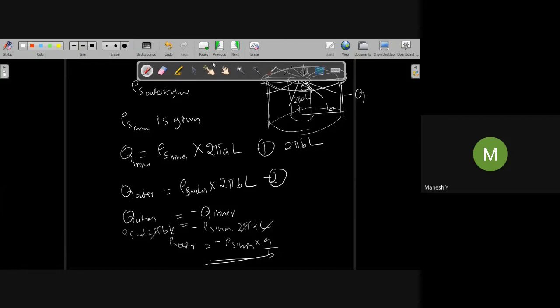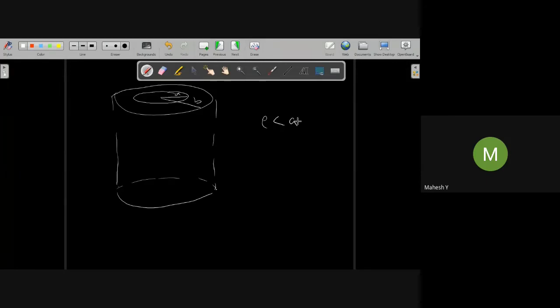Now one more question is what will be the electric field intensity or flux density if this is A, this is B, when rho is less than A. Remember, in a coaxial cable, all the charges accumulate at the surface of the conductor.